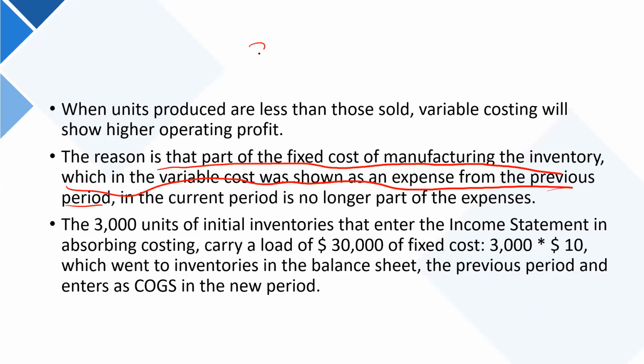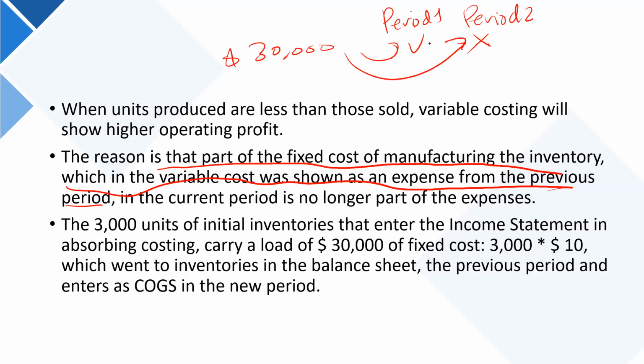That means that the 30,000 was already shown in period 1, so we are not supposed to register them in period 2. That's the difference.